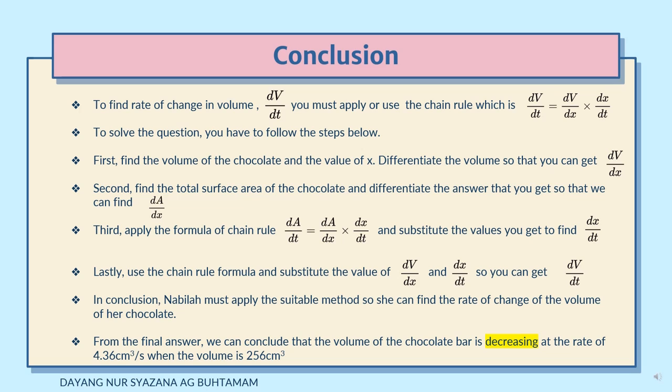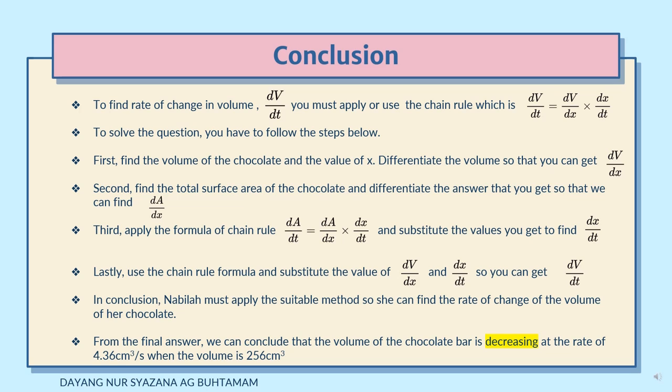Second, find the total surface area of the chocolate and differentiate the answer so that we can find dA/dx. Third, apply the chain rule formula, dA/dt equals dA/dx times dx/dt, and substitute the values you get to find dx/dt. Lastly, use the chain rule formula and substitute the values of dV/dx and dx/dt so you can get dV/dt.